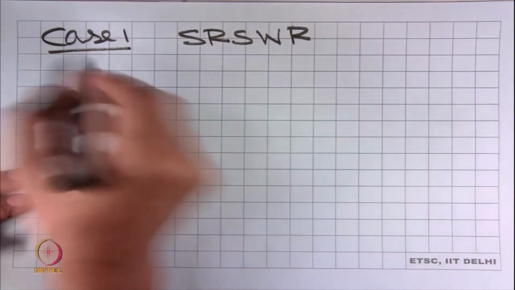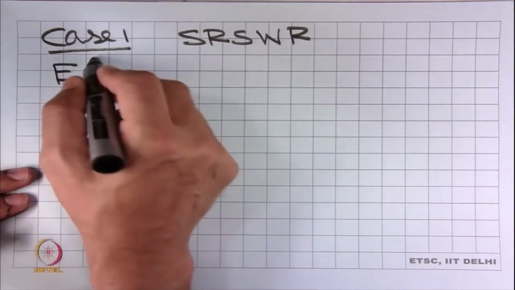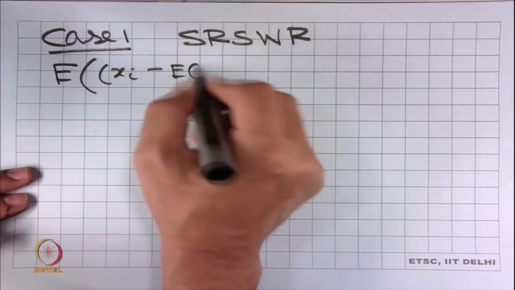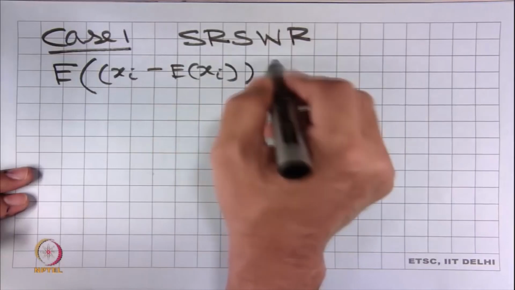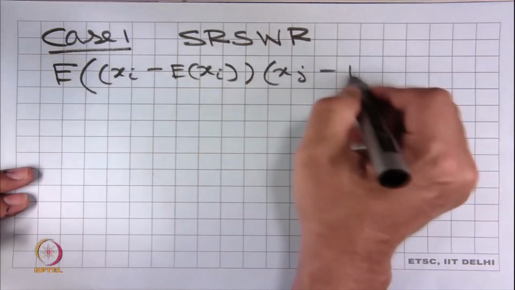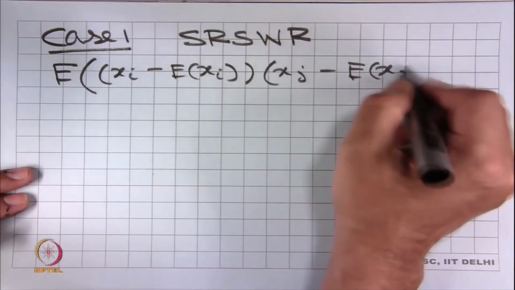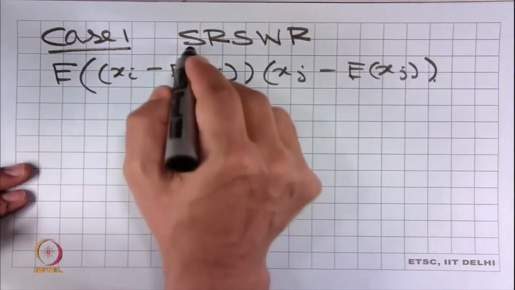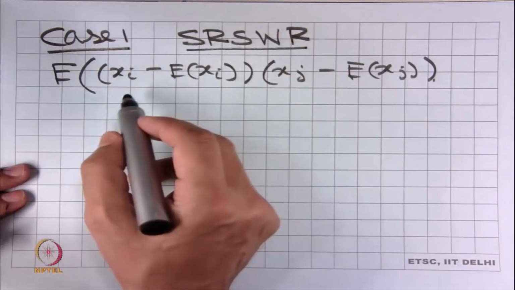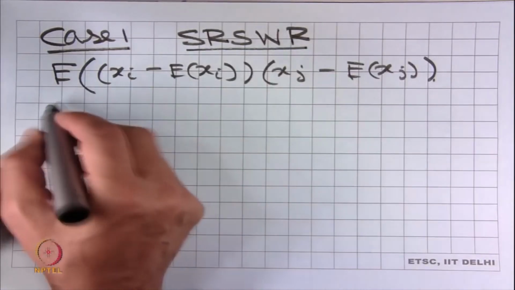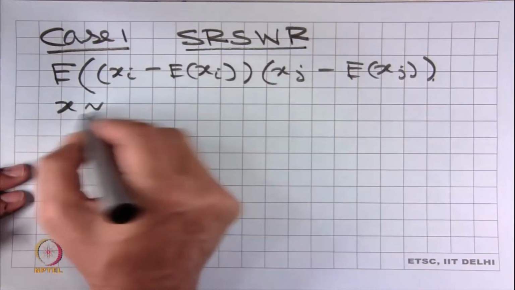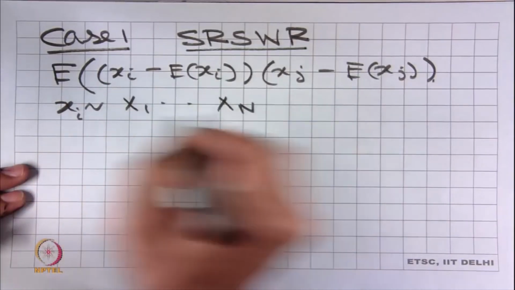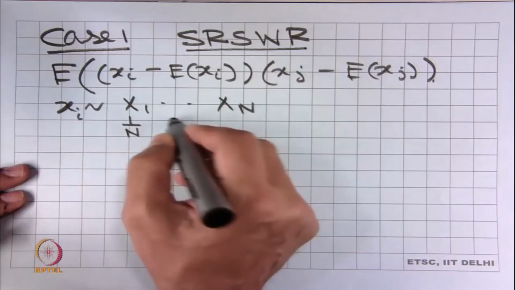So, what is the expected value of xi minus expected value of xi into xj minus expected value of xj? If it is SRSWR, then xi can take x1, x2, up to xn, each with probability 1 by n.